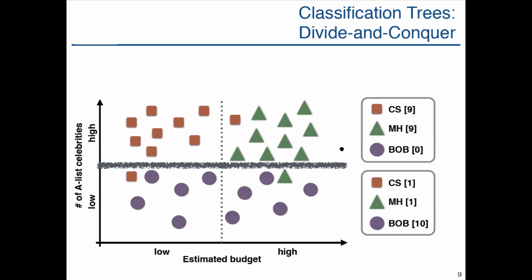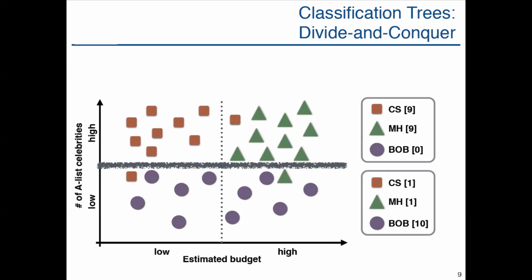So for example, in this case, if you have this split, the second one seems to be fairly good. Here you have 10 box office busts, and the others are fairly low, so there's a very high chance that the majority of your predictions are going to be correct. In the first case, in the upper part here, you have almost an equal number of mainstream hits and critical success movies.